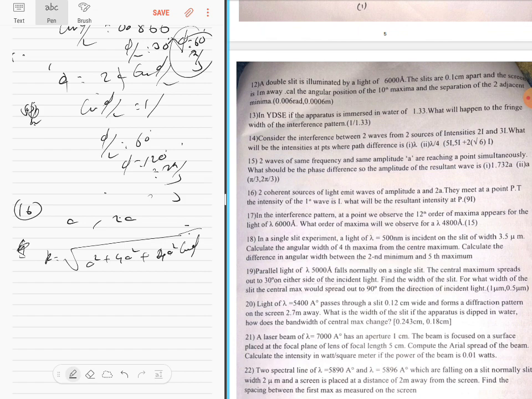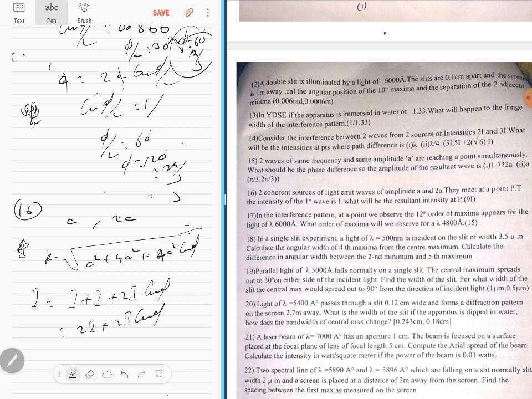Okay, maybe the intensity of the individual wave is just I. So if they are asking the resultant intensity, I can write I plus 2I plus 2I cos phi. Correct? But the thing is, how is it?